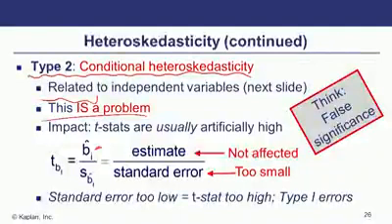The problem is that the standard errors of the slopes typically tend to be too small, deflated. And if your standard error is too small, you take the number that's not affected, the b hat, and divide it by a lower denominator. Of course, anyone can tell you the t-stat will be inflated. And here is where the problem lies.